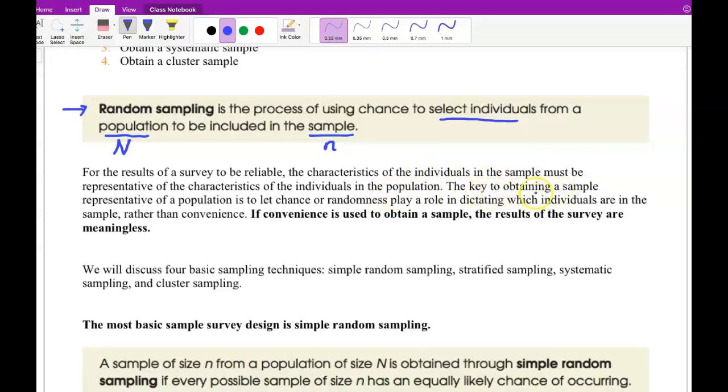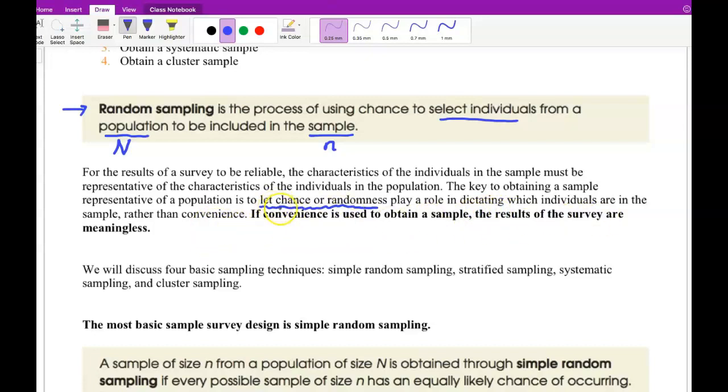The key to obtaining a sample of a population is to let chance or randomness decide while choosing our individuals as a sample from the population.